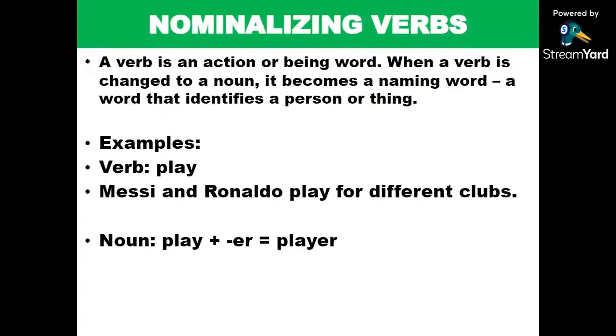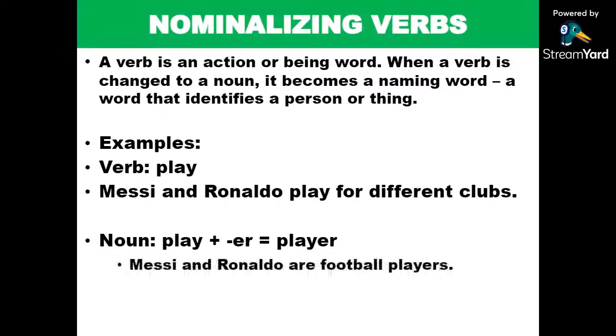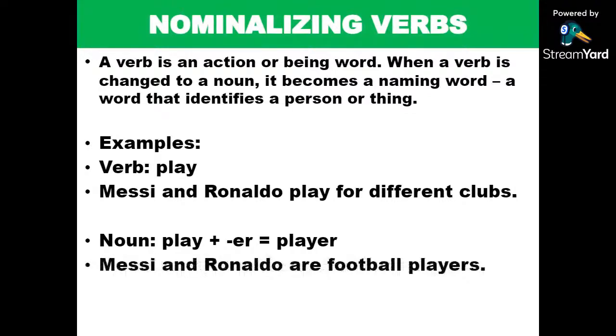Play is an action word. Player is a naming word. It refers to a person. So a player is the person and play is an action. So that's the difference. For example, you can say Messi and Ronaldo are football players.